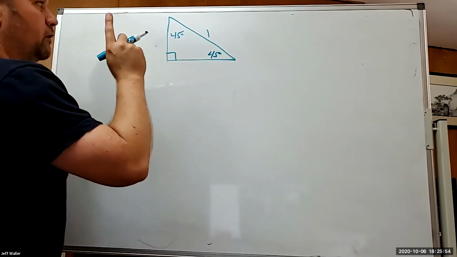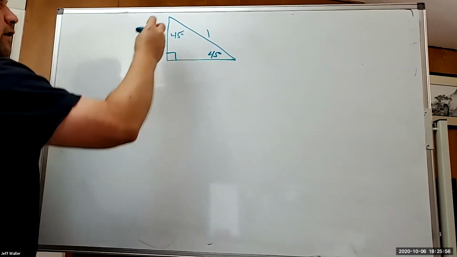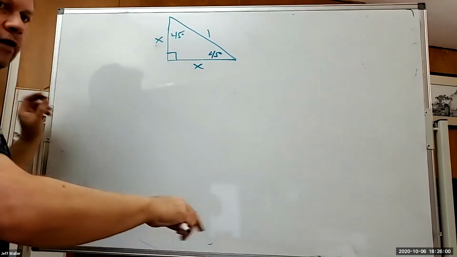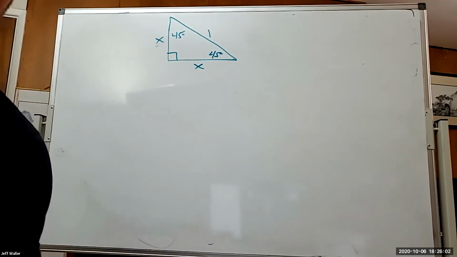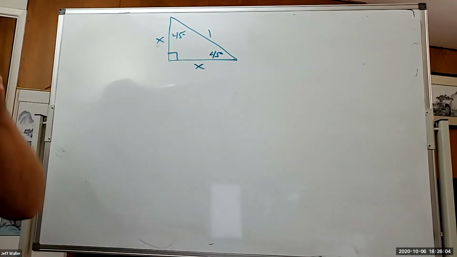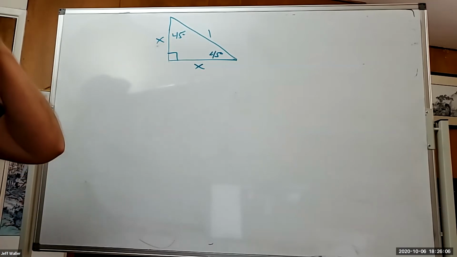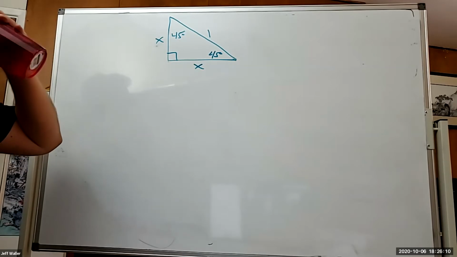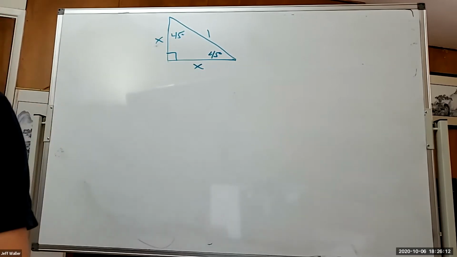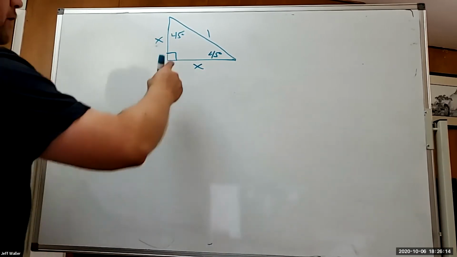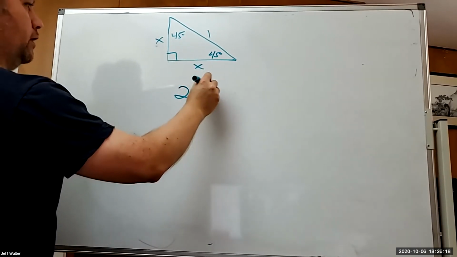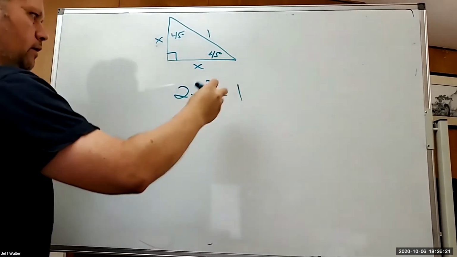Now, can somebody figure out exactly how big they should be? If this side is x, this side is also x. Set up the equation, solve it, I'll wait. It's rad 2 over 2. Yeah, because you get x squared plus x squared equals 1 squared. So you get 2x squared equals 1 squared.